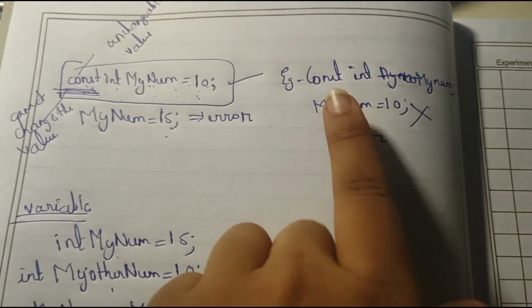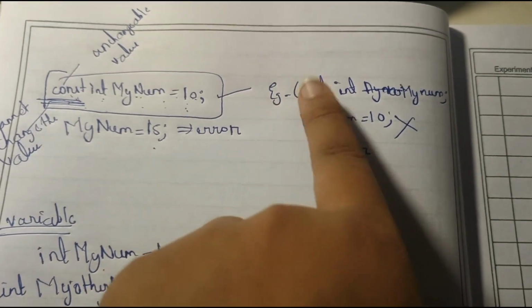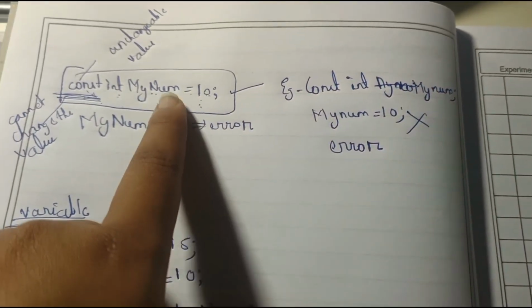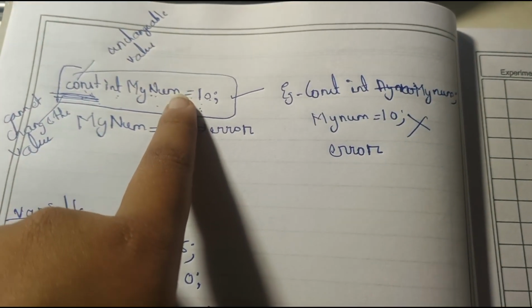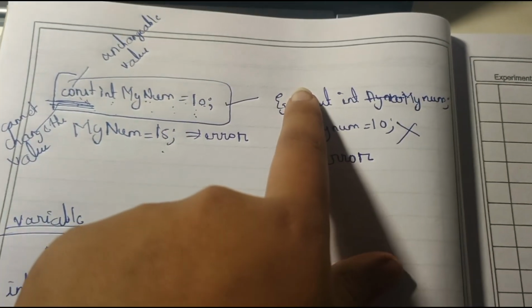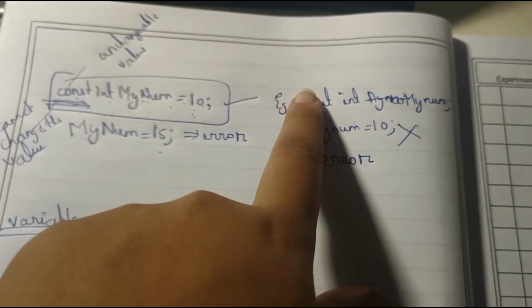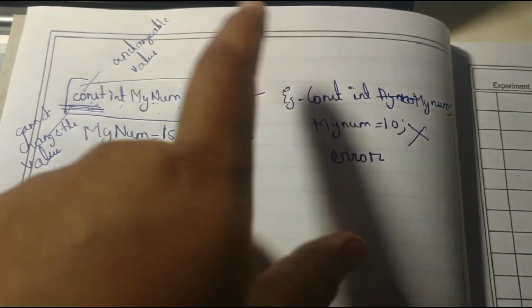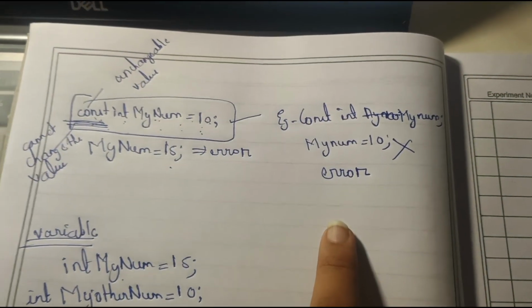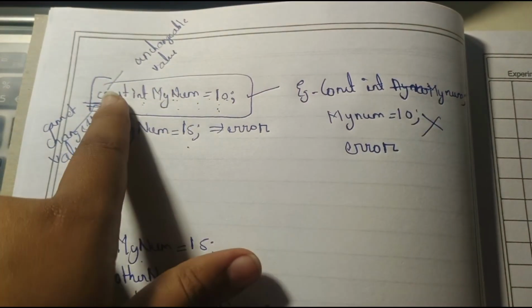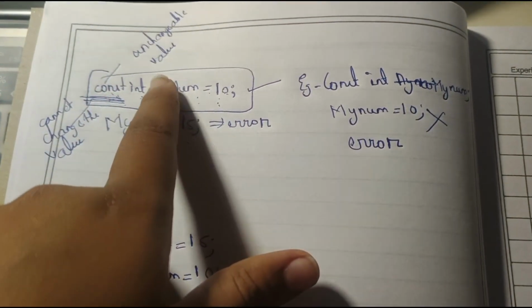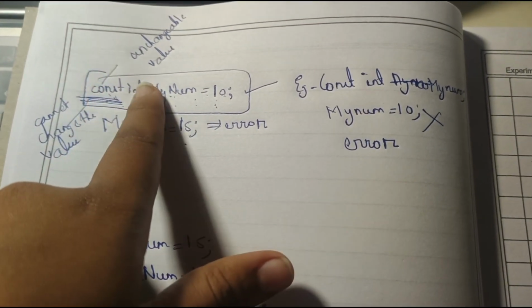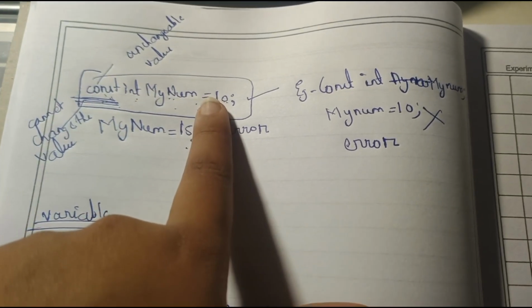Now we will try one more program, that is, as I said, declaring and assigning the value in one line. I showed the execution: declaring in different lines, the error message it will give. I'll show that particular program in the system now. If you declare everything in one line, it's correct, that is constant, declaring the variable and also assigning the value.